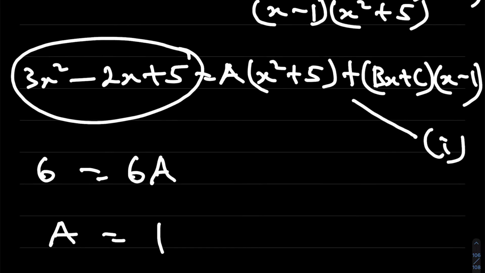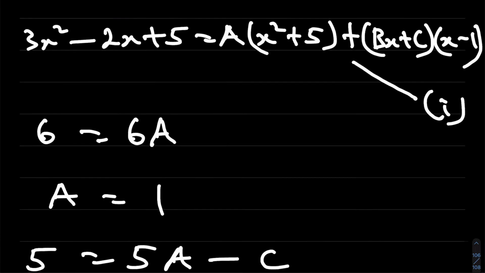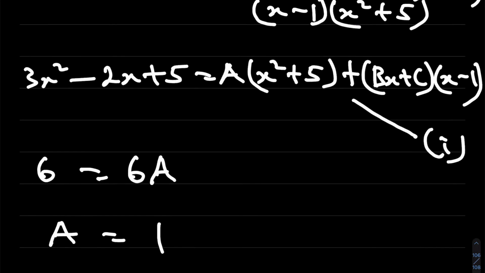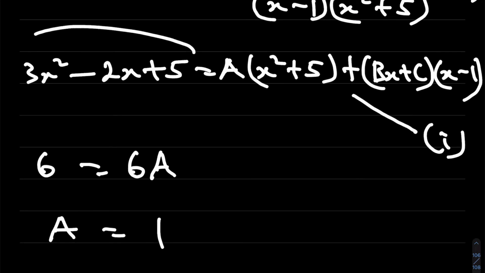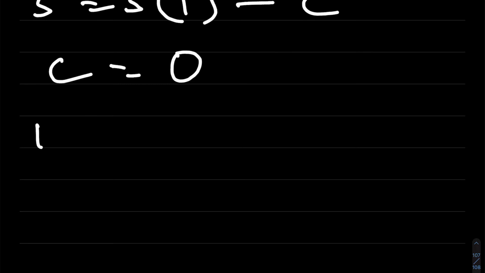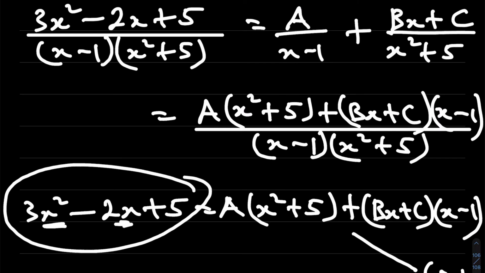Now how do we find B? Let me put x equals minus 1 in equation 1. The left hand side: minus 1 squared is 1 times 3, that's 3. Minus 1 times minus 2 is plus 2. 3 plus 2 is 5, plus 5, 10. The left hand side will be 10.